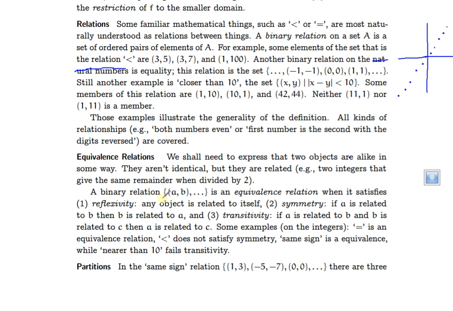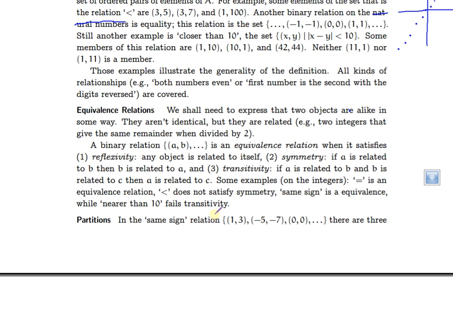And you can go through these three conditions and verify that this relation is reflexive, symmetric, and transitive. Now, I invite you to look back in your algebra book or your discrete math book. I'm sure you can find many examples of equivalence relations.